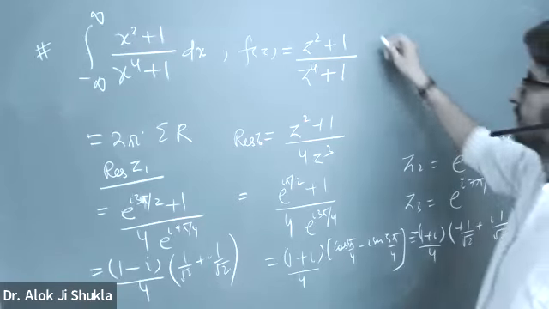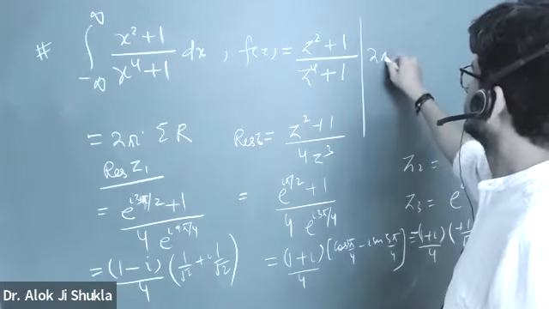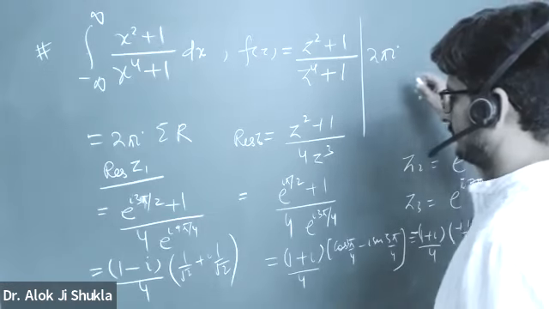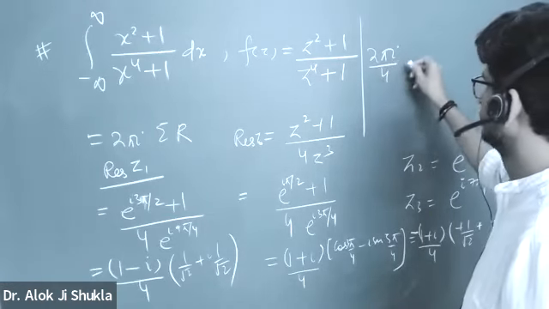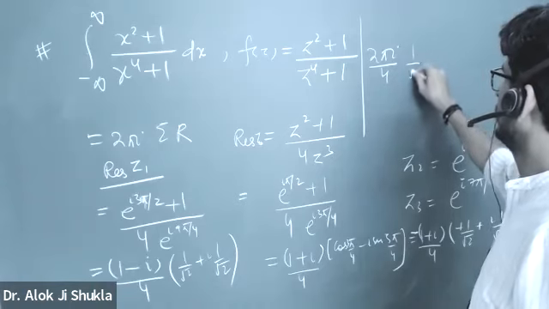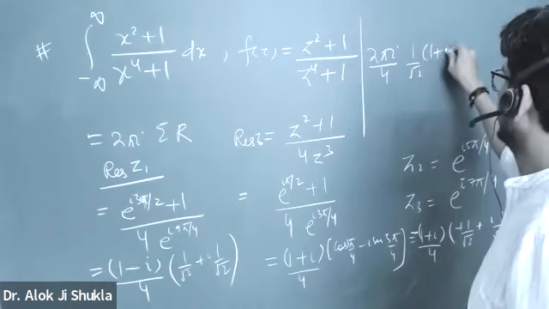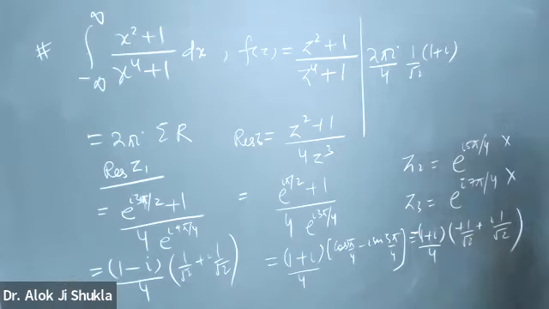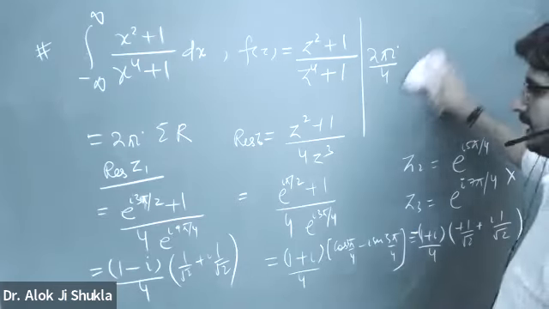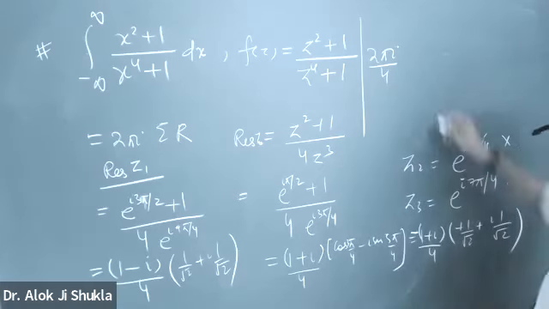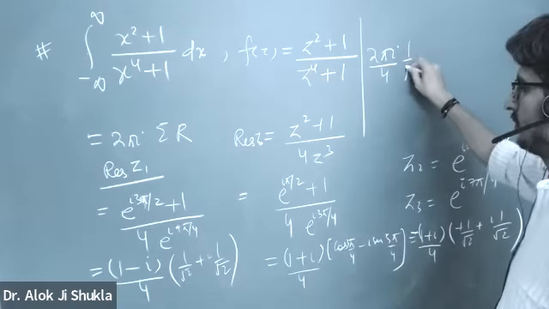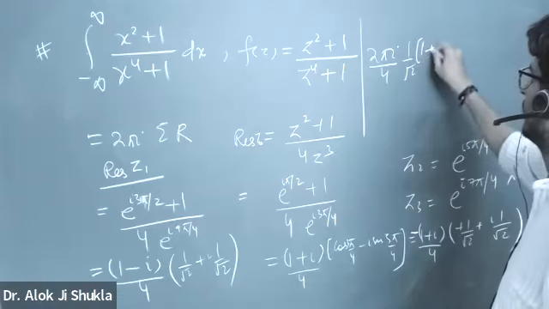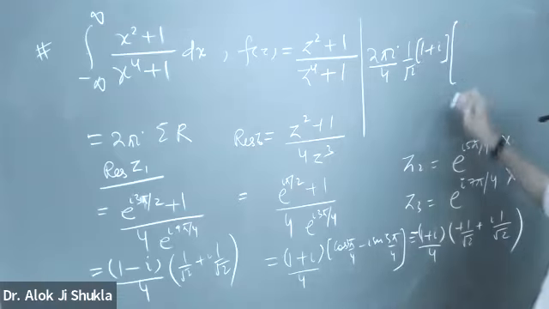It will be 2 pi I by 4, 1 by root 2 (1 plus I) minus I. Not the bottom 1/4, no, this: 2 pi I by 4 is okay, and this 1 by root 2 (1 plus iota), this much will be common, right?